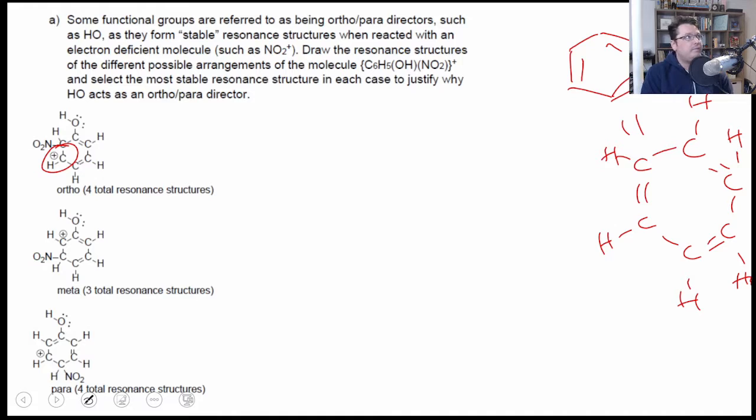But what we can see right here, right, is that we have a positive charge that's located on a carbon, and then we have 2 double bonds that are present within this ring, right, and then we have up here an oxygen that has 2 lone pairs, right? So there's a lot of different characteristics that can get moved around in a resonance structure to form new resonance structures, so to say, right? And so the easiest thing that you can always do is, if you have a formal charge that is on an atom that is next to another atom that has a double bond, right?